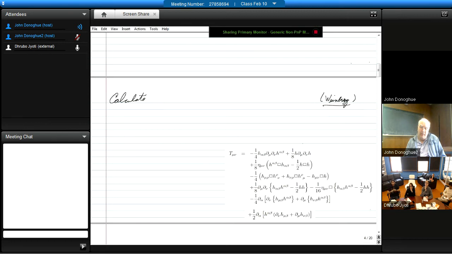But you can look at it there. This is what it looks like. This is what I was calling T mu nu here. I have, in doing this form, done a bunch of integration by parts to put it in a nice form.